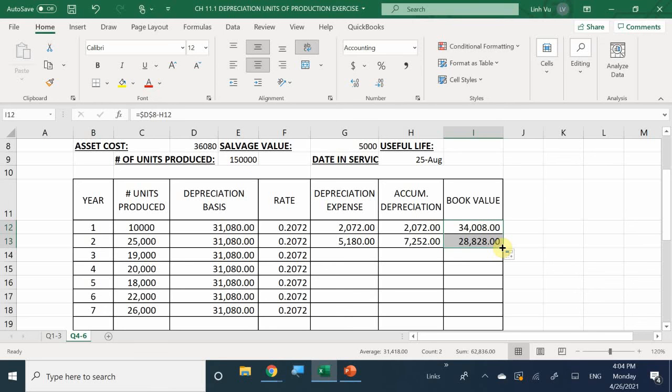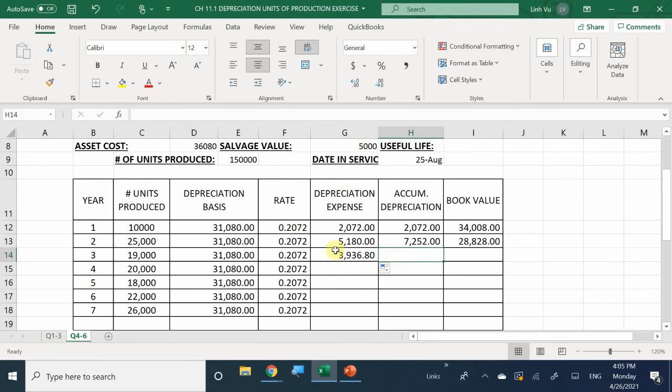Excellent. Okay. So then, what's my depreciation expense for the third year? $3,936.80. Yep, good.